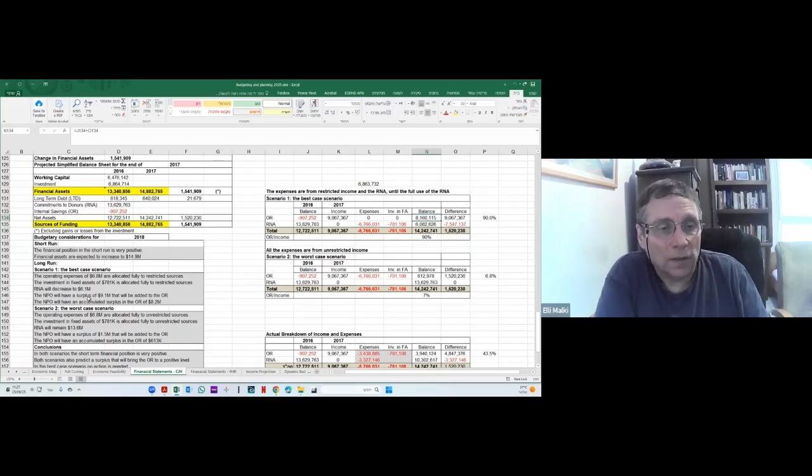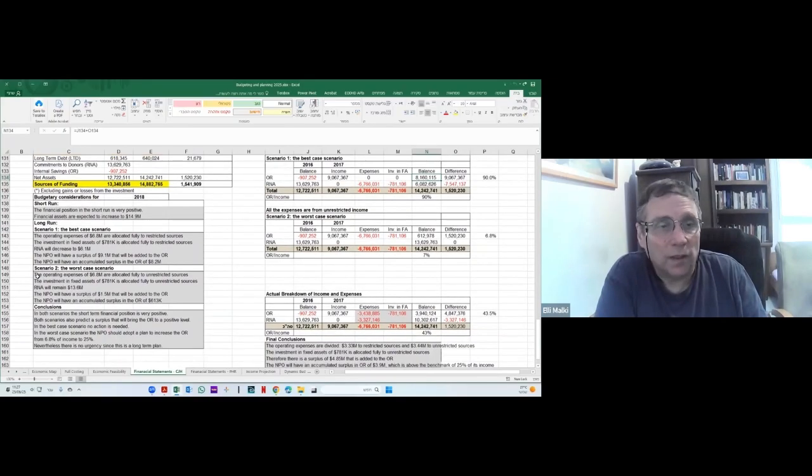All right, now scenario number two, worst case. Operating expenses of 6.8 are allocated to unrestricted. Okay, that's the scenario. Investment is allocated fully to unrestricted. Okay, so that's here. Restricted net assets will remain at the same level of 13.6.